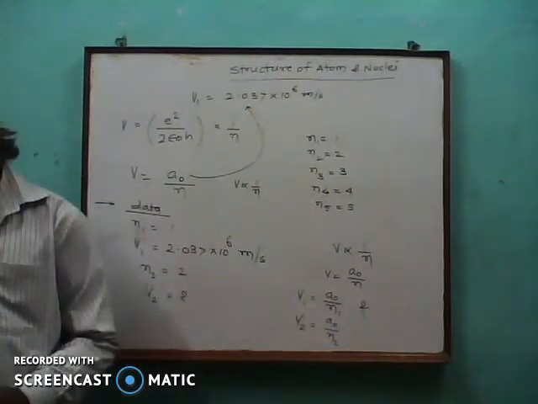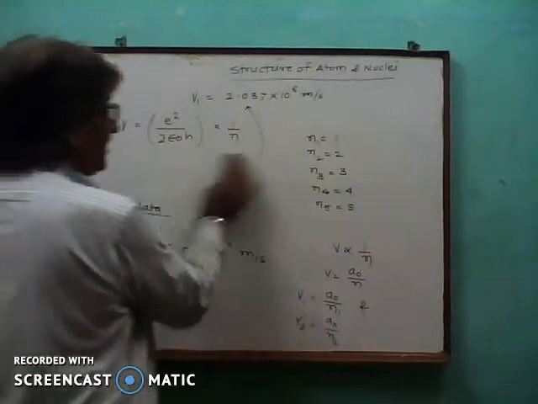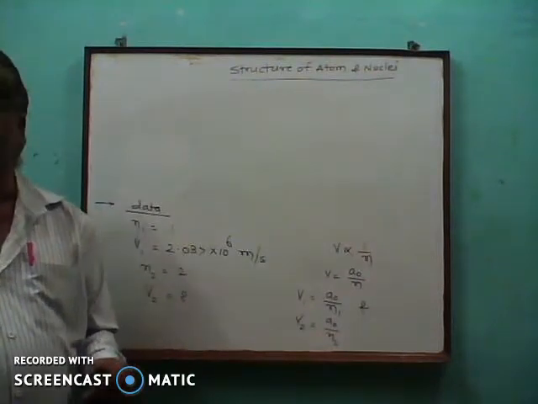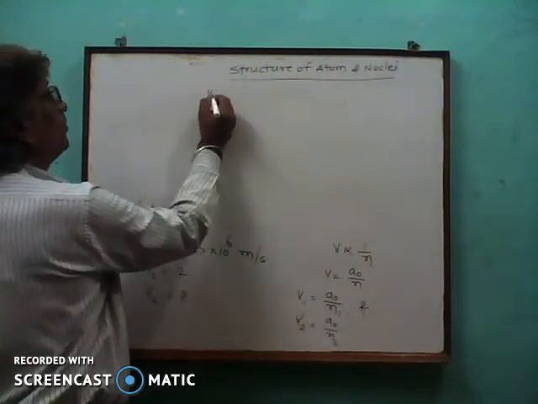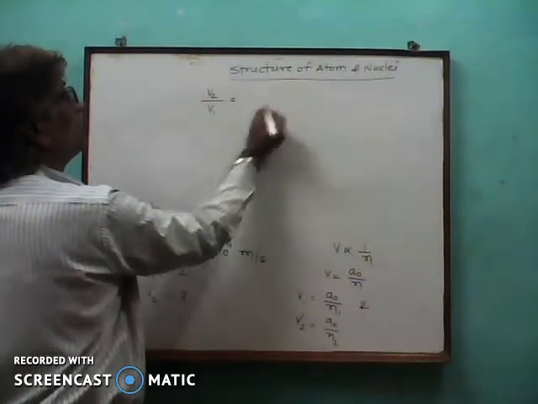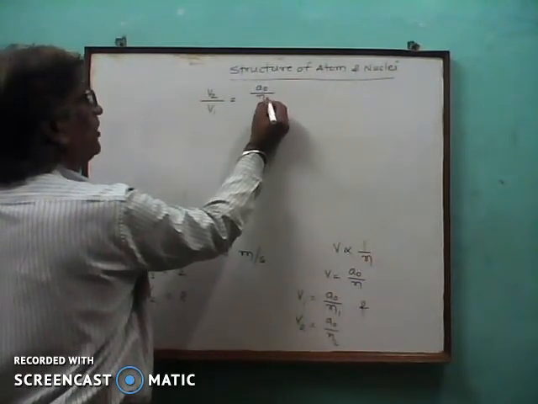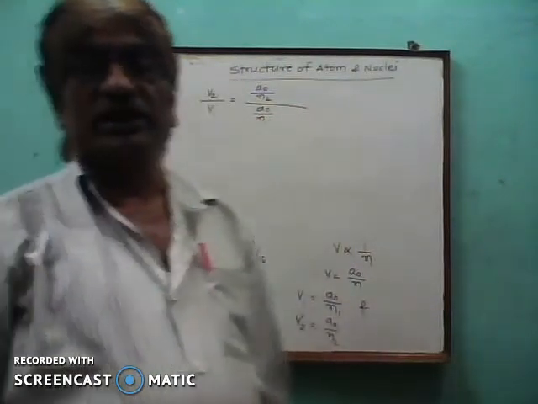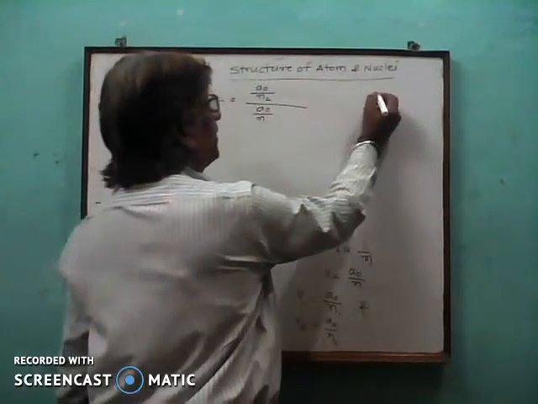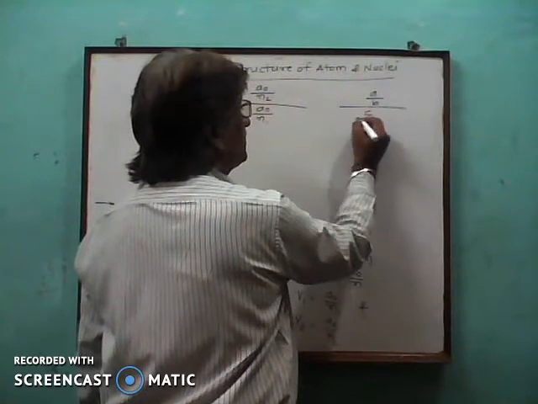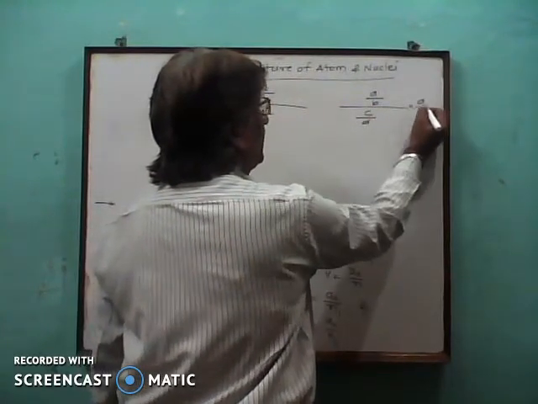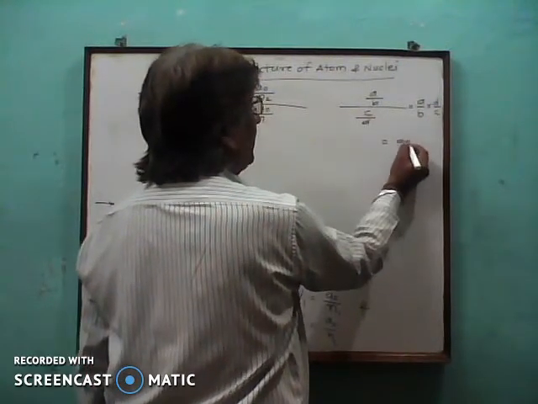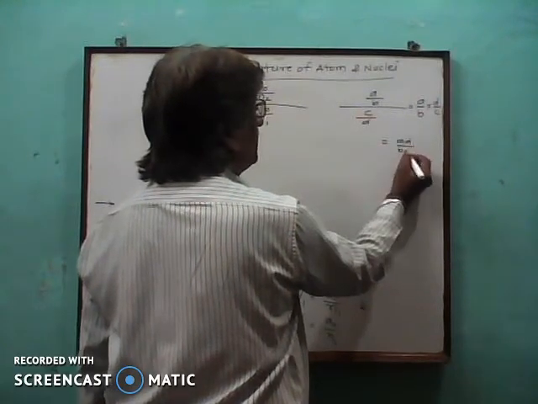We divide the two equations, since we want the velocity of the electron in the second orbit. So V2 upon V1 is equal to A0 upon n2 upon A0 upon n1. In mathematics, A upon B upon C upon D is equal to A upon B multiplied by D upon C, which is AD upon BC.